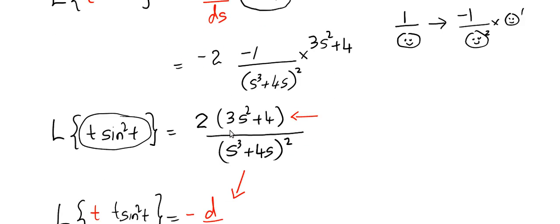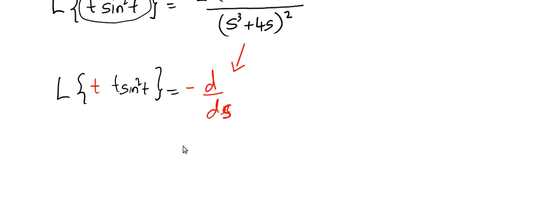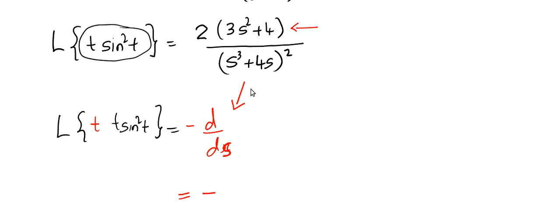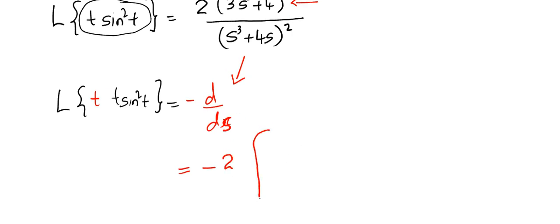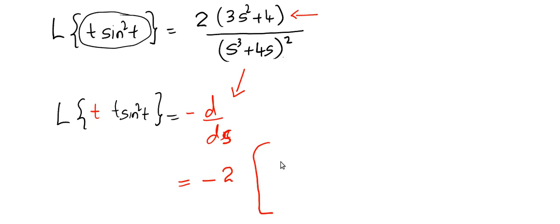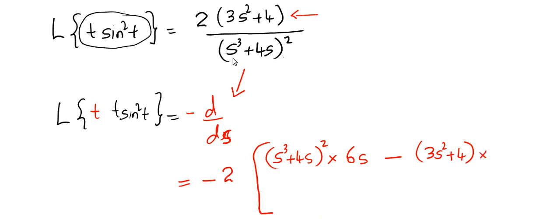Okay, so this will be equal to minus, so we have to apply quotient rule. So I'll keep this 2 outside, so minus is there, 2 is there. Now, do you remember quotient rule? Denominator, you write the denominator as such, times derivative of the numerator, that will be 6s plus 0, minus numerator times derivative of the denominator.